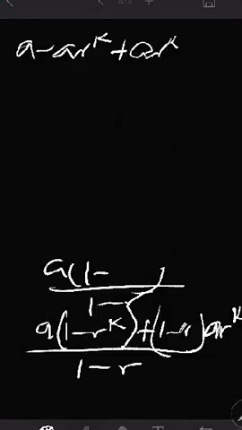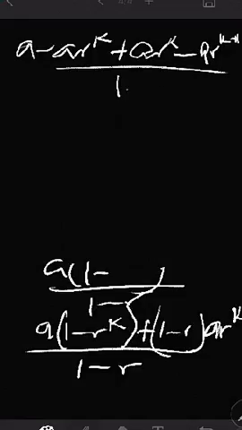Multiply a and 1, that is a, so you can have minus ar raised to power k, plus ar raised to power k times 1, that is ar raised to power k, minus r times ar raised to power k, that is a, so just pick one r and add the power according to the law of indices, so that is k plus 1. So from here we can have over 1 minus r.